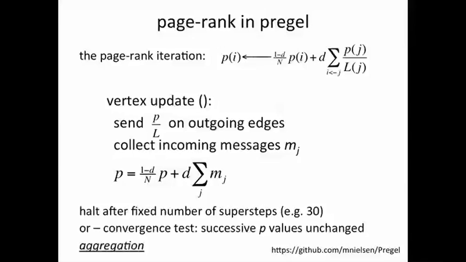So if there's a vertex j which is pointing to i, which has a huge number of outgoing vertices, so that i is very unimportant for that vertex j, it's just one of millions of outgoing vertices for j, then its page rank when it flows into i is not considered very important. However, if i is the only vertex that j points to, then L is 1, and its importance is much higher as it flows in to i.